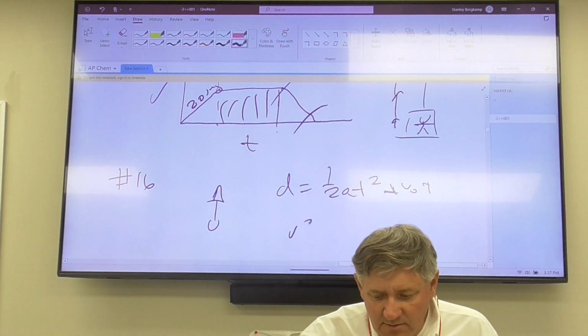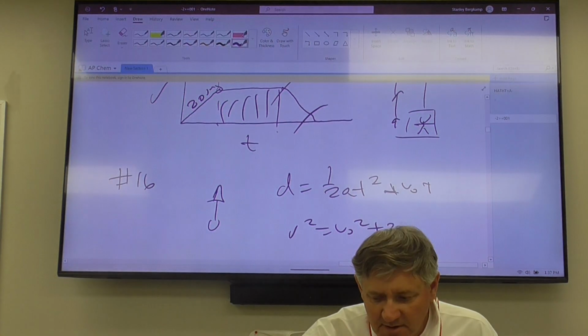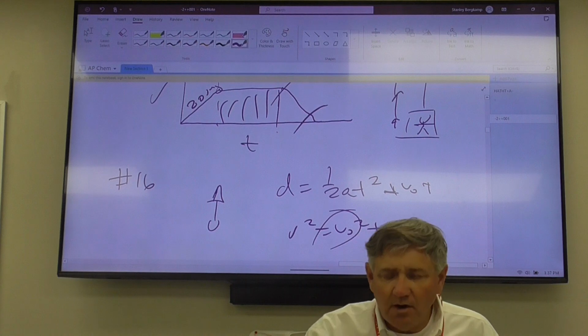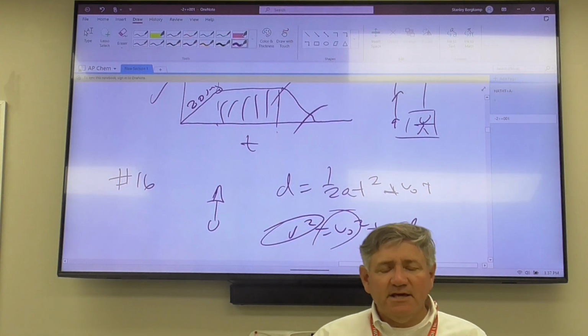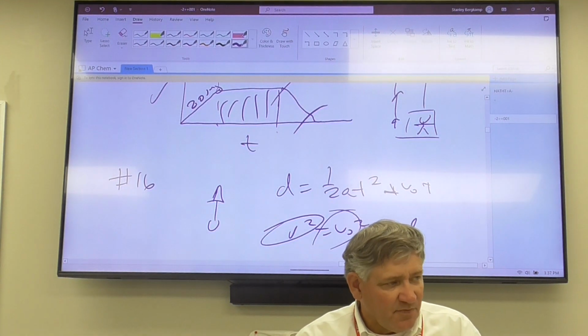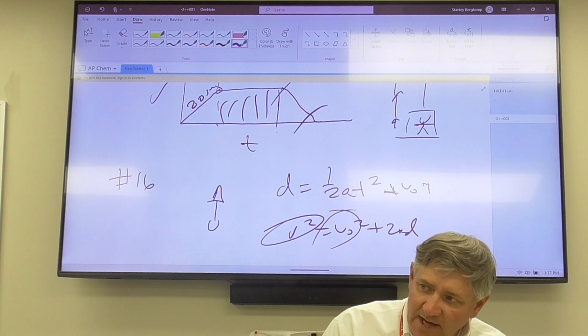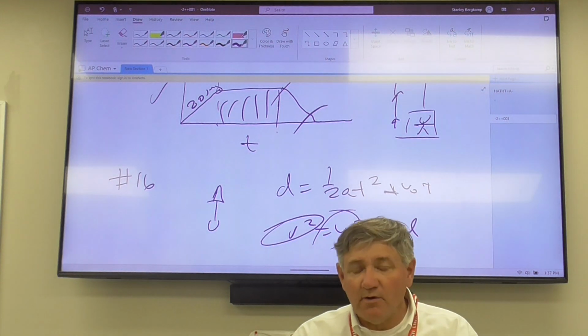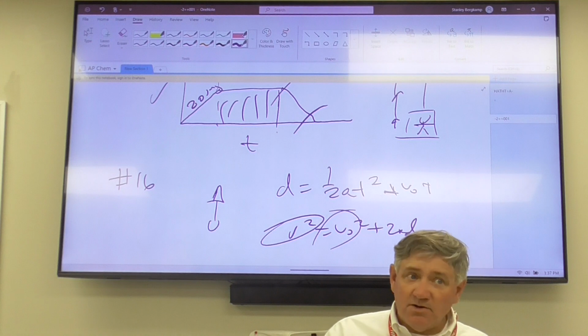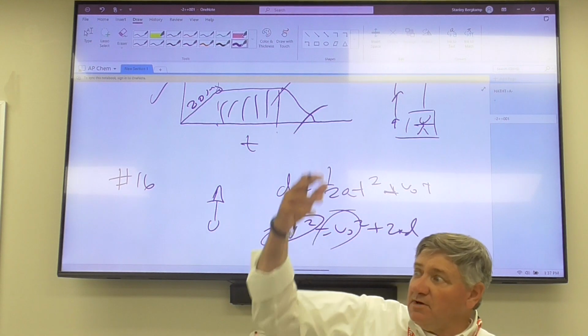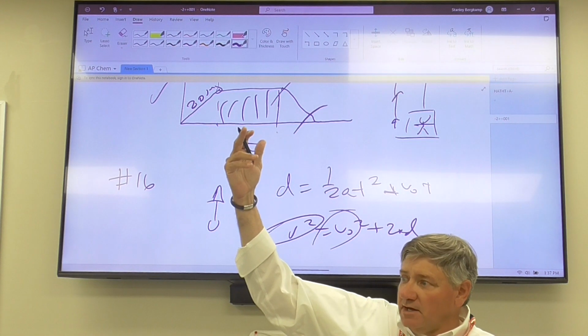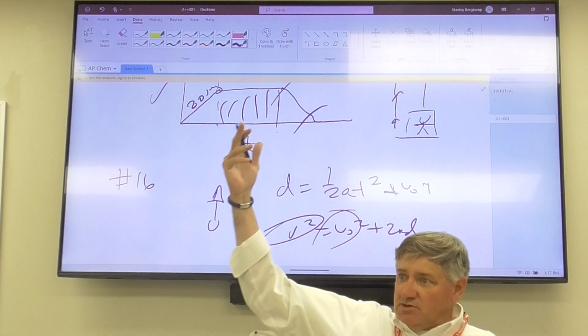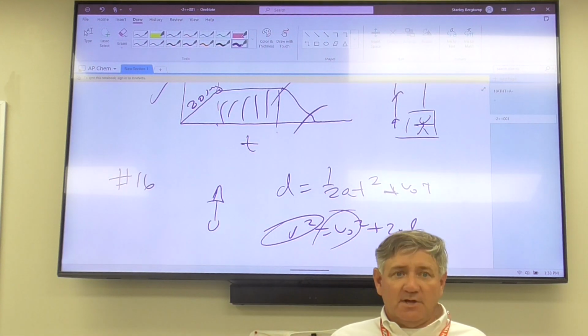You cannot use that other equation because you don't know what the final velocity is, okay? You can't assume the velocity is 0. You don't know that it explodes at the top of the flight. You just know that it explodes. It could be going up, could be going down, okay?